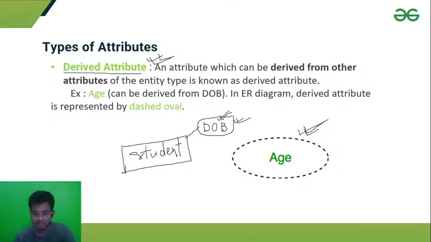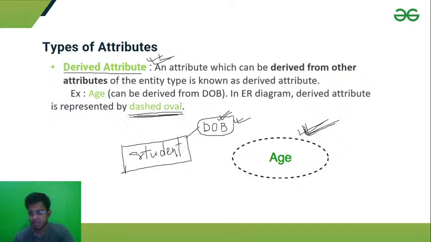Age is a derived attribute, calculated from the attribute DOB. Okay, how is it represented? It is represented by a dashed oval.